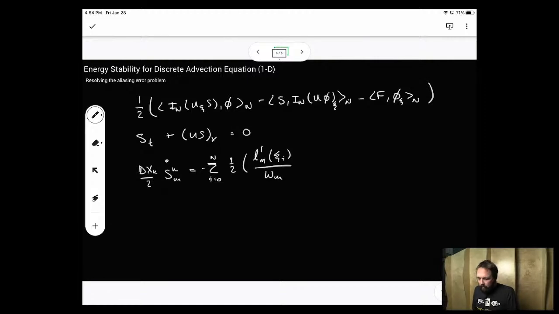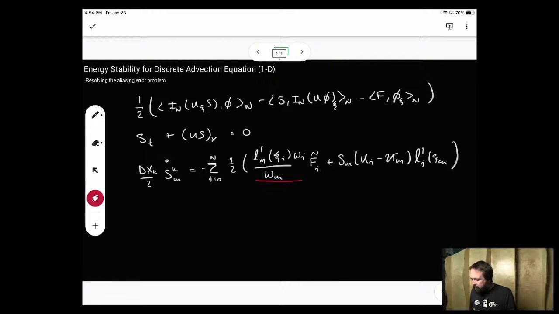We got omega i, so those quadrature weights divided by omega n, f tilde i, so again, that's just going to be u times s here, plus s m u i minus u m L prime i c m. So what I have right now implemented is just this term, right? So what I essentially want to do in the code is override the flux divergence procedure, which only calculates this. What I really want to do is half of that, and then I want to add 1/2 times this term.